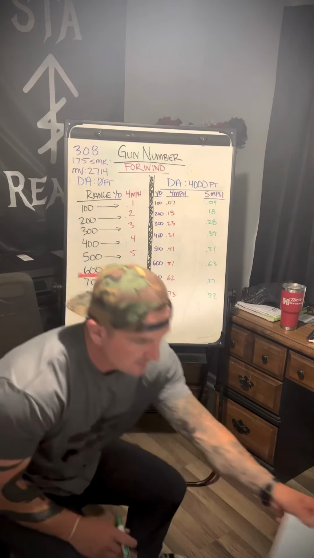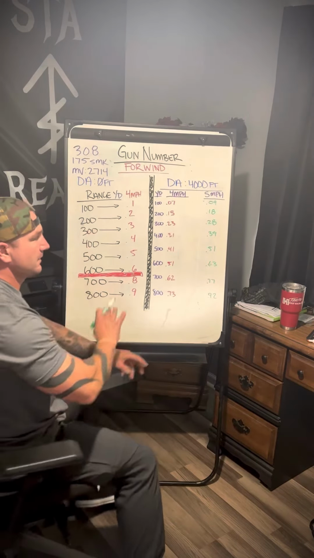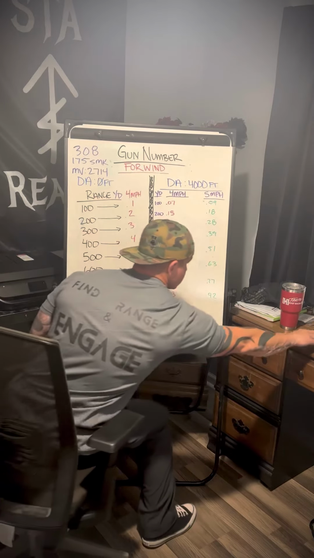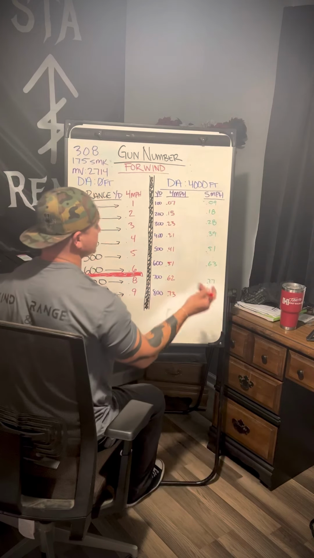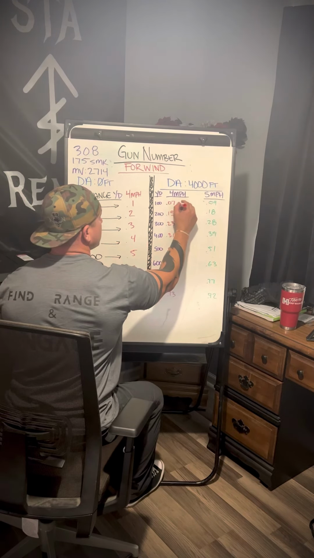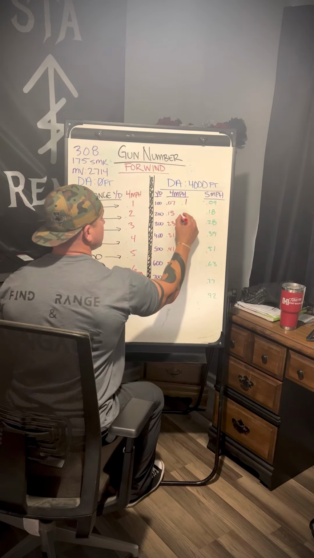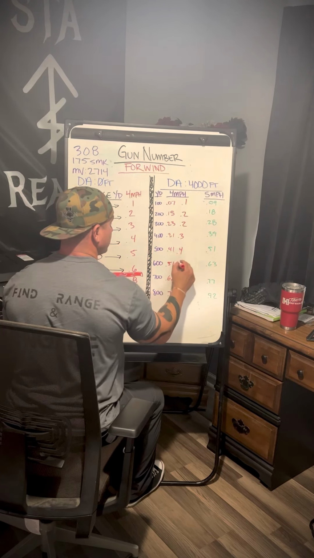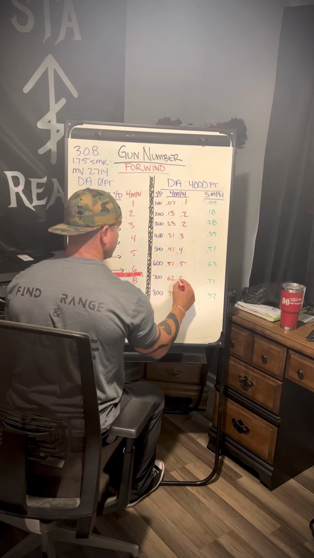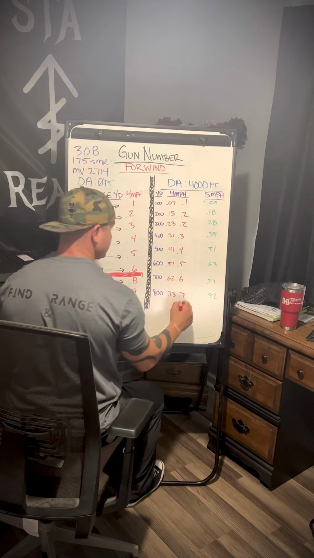Now, like we did last time, we'll round, right, to the nearest number next to the decimal. So I'll put them in the center just so it's easier to see, right? So we're going 0.1, 0.2, 0.2, 0.3, 0.4, 0.5, 0.6, 0.7.